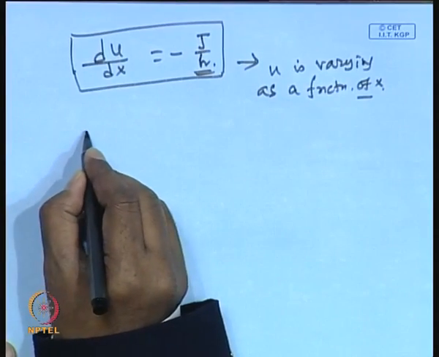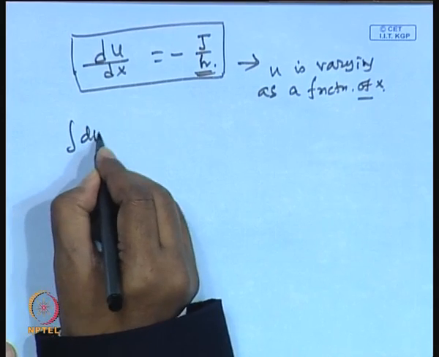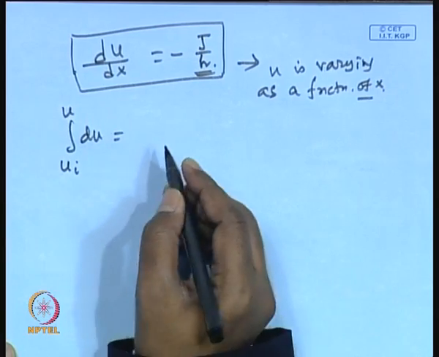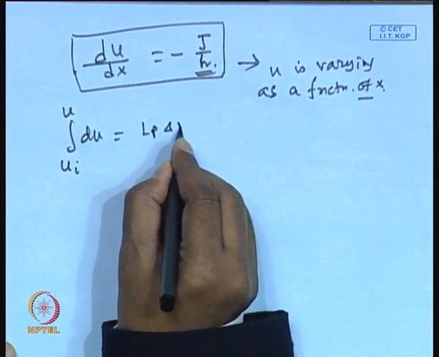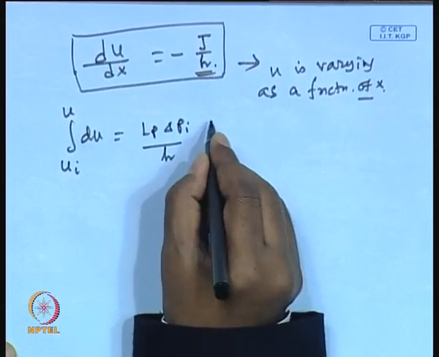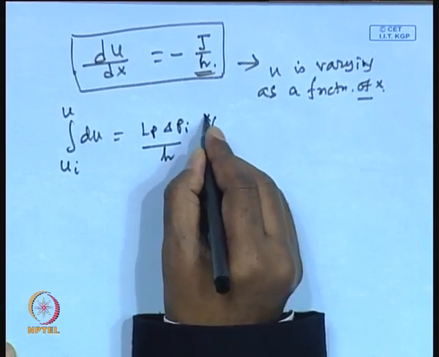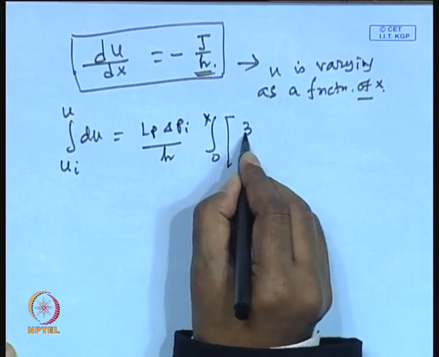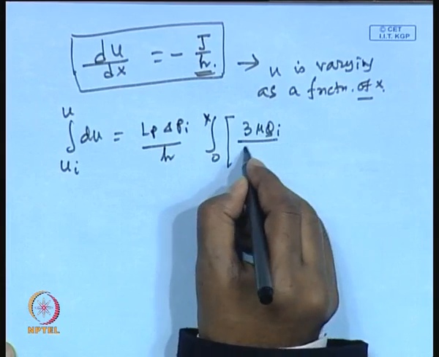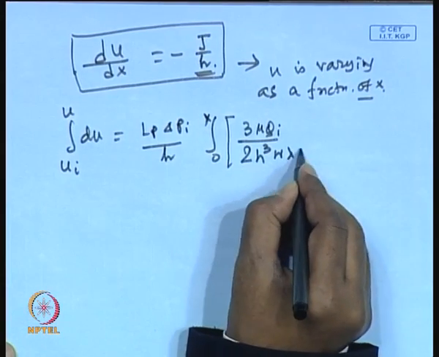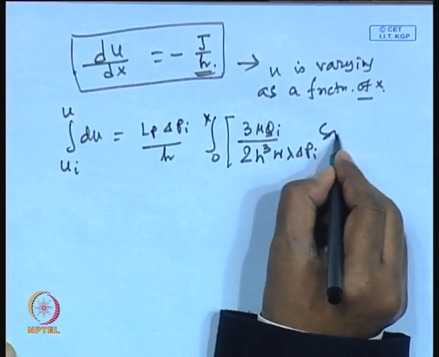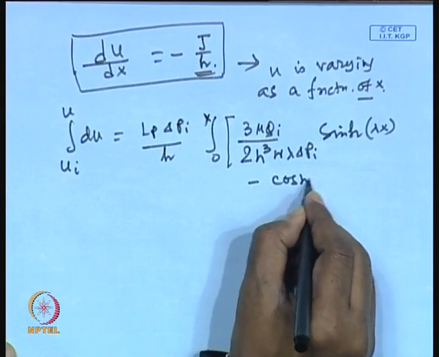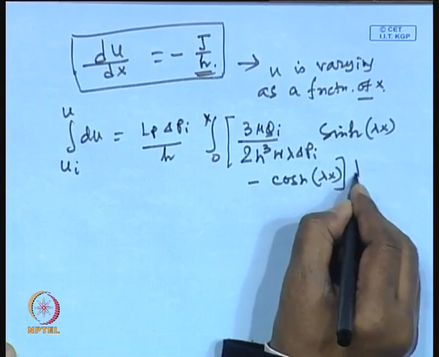So if you carry out this integration, du goes from inlet ui to u at any location x, equal to the integral from 0 to x of Lp delta Pi divided by h, cosh(lambda x) minus 3 mu Qi divided by 2 h cube w lambda delta Pi, sinh(lambda x), dx.